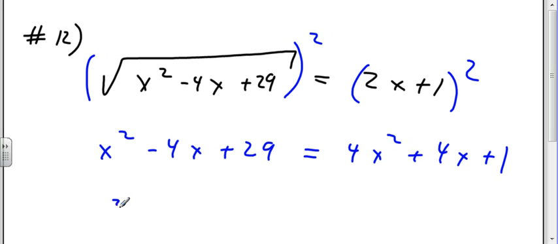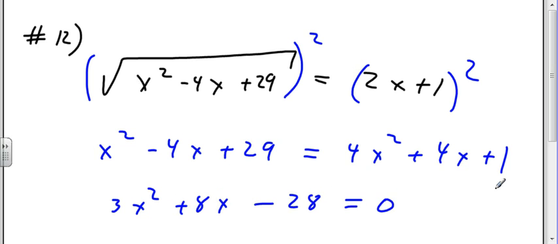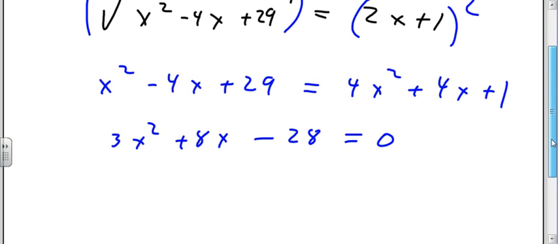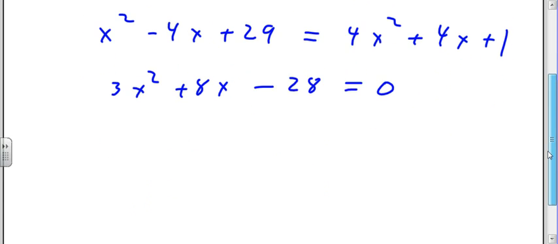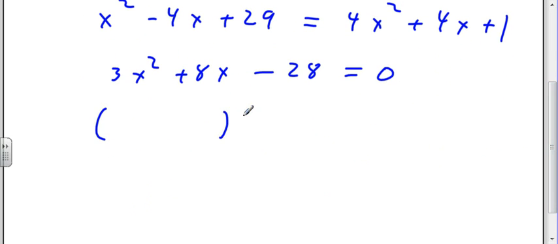Okay, so I'm going to have 3x squared plus 8x minus 28 is 0. Okay, did I do that right? Yes, I probably did. Okay, so now the issue is, can I factor that?